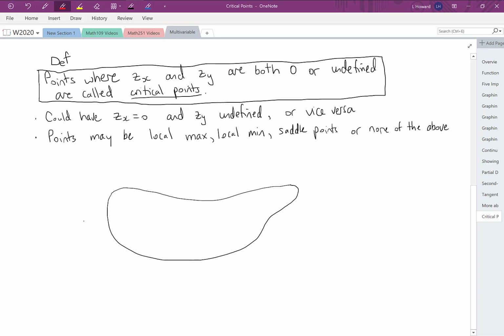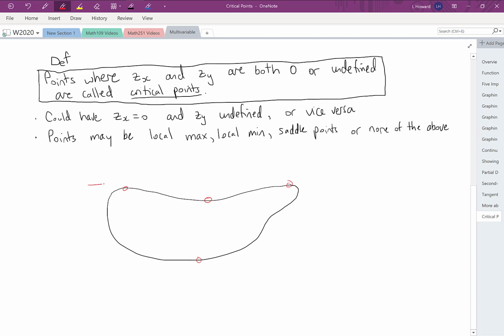So let's say that we've got a surface like this sitting in three-dimensional space. There are a few points I want to identify on here, which would be critical points for this multivariable function. One would be right around here, one right around here, one right around here, and then there's something else interesting going on maybe around here.